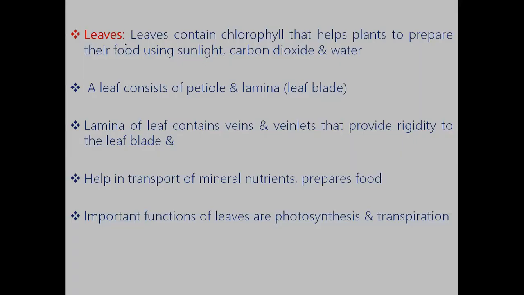The next part of the shoot system is the leaves. Leaves contain chlorophyll that helps the plant prepare its food using sunlight, carbon dioxide, and water by the process of photosynthesis. Chlorophyll is very important for photosynthesis, in which every plant makes its food. A leaf consists of the petiole and the lamina, also known as the leaf blade.